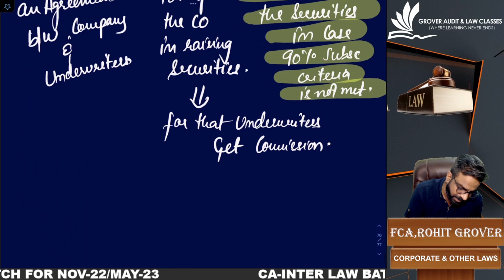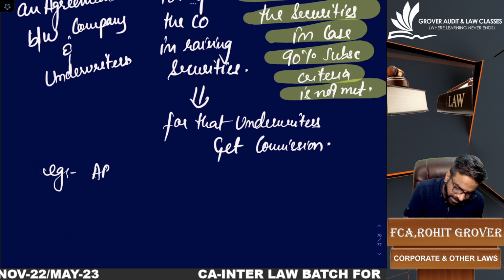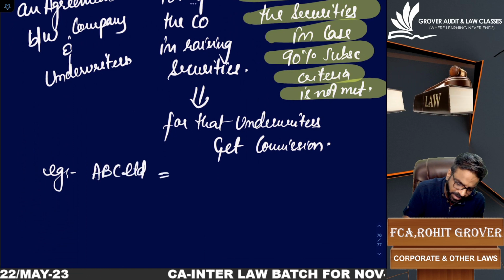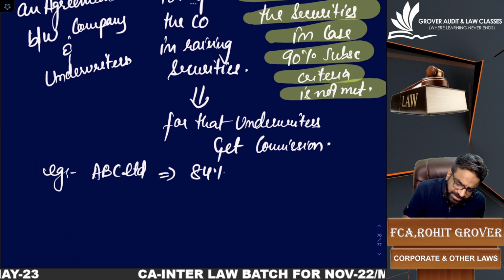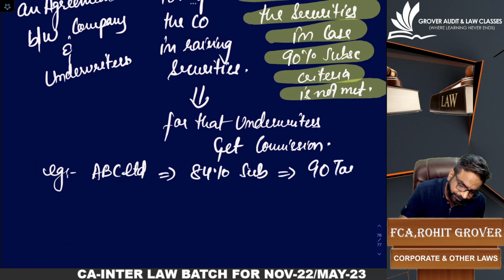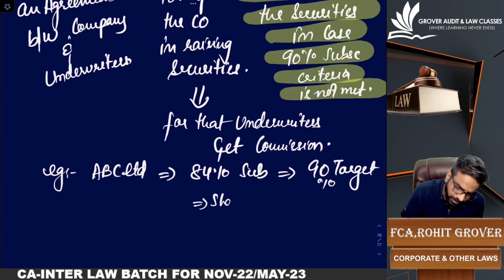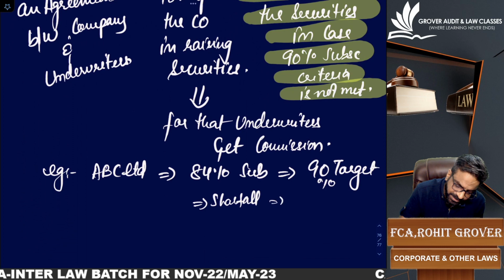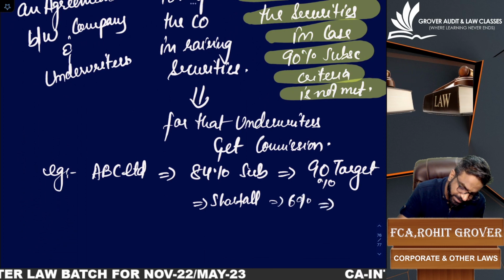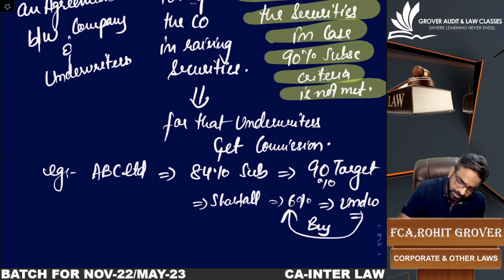So example, the company was ABC Limited. ABC Limited was able to get 84% subscription. But what is our target? 90%. What is the shortfall? 6%. Who will take this 6%? Underwriters will buy this 6%.